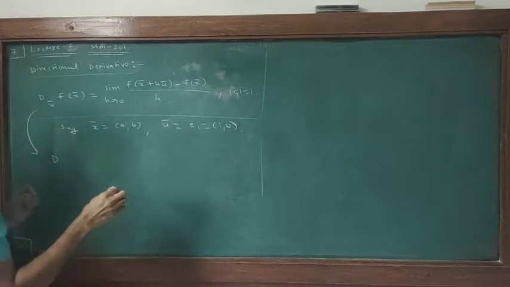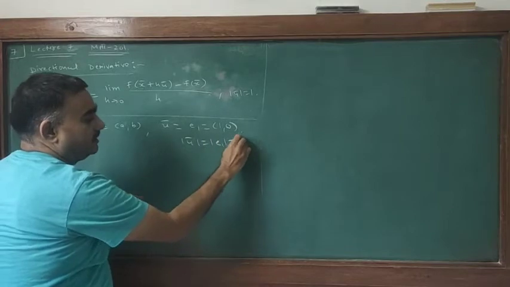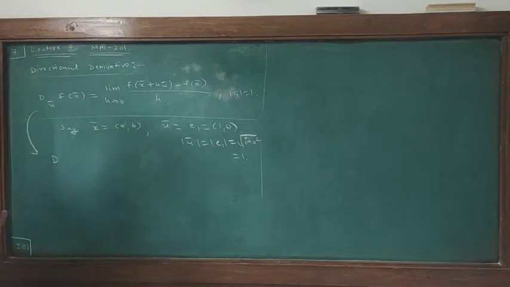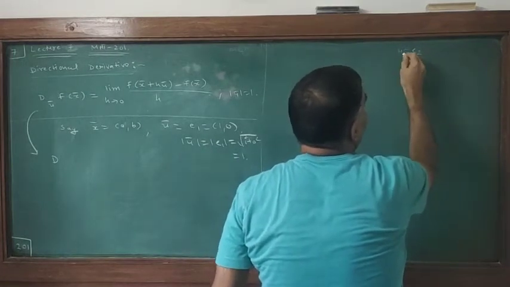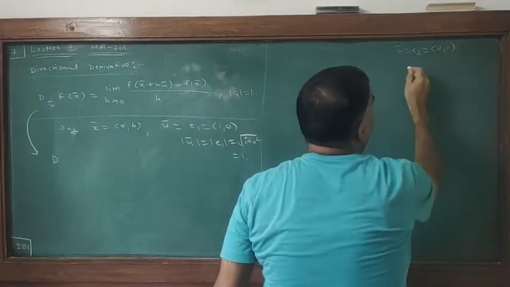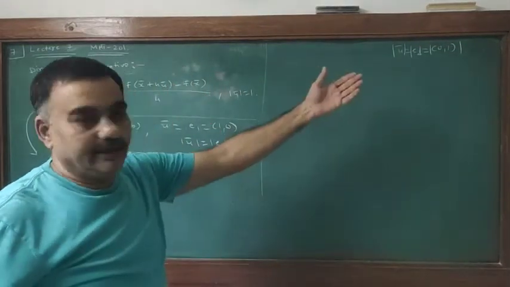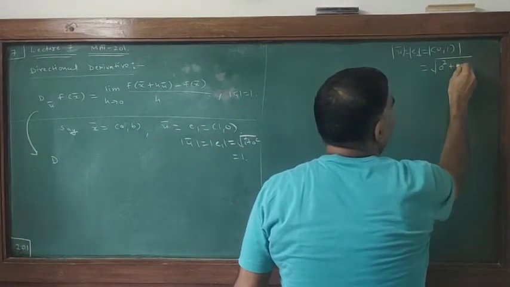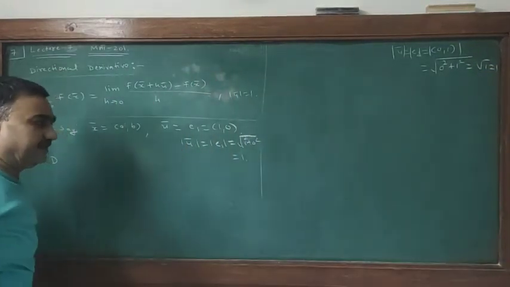Obviously, the norm of u1 is the square root of 1 square plus 0 square, and obviously it is 1. Similarly, if we take u equal to e2, which is (0, 1), the norm of u2 is the square root of 0 square plus 1 square, which is 1. I think it is understandable.